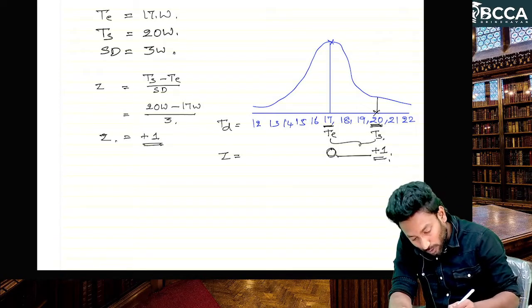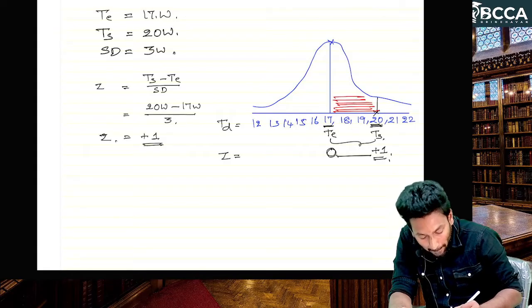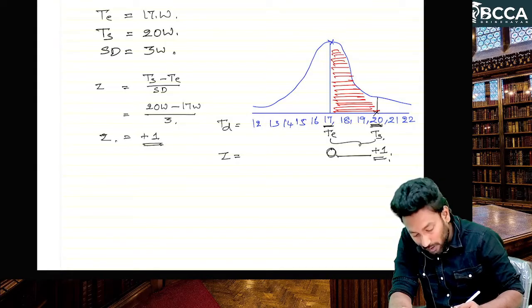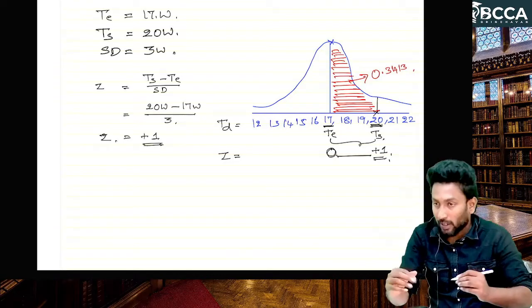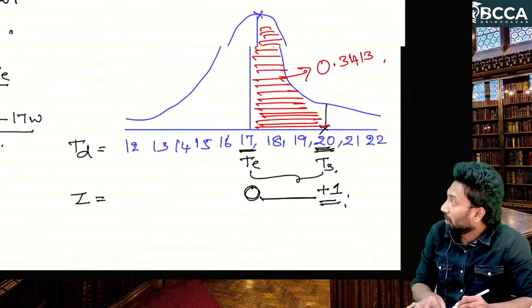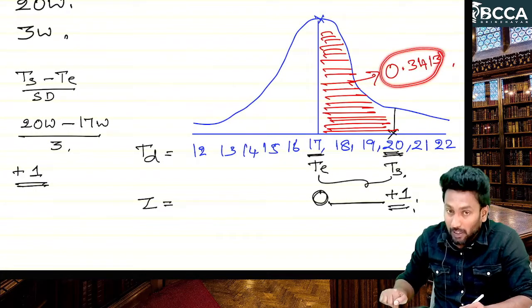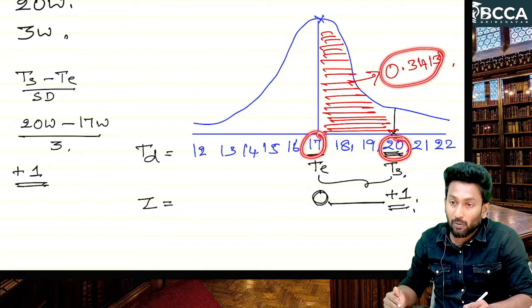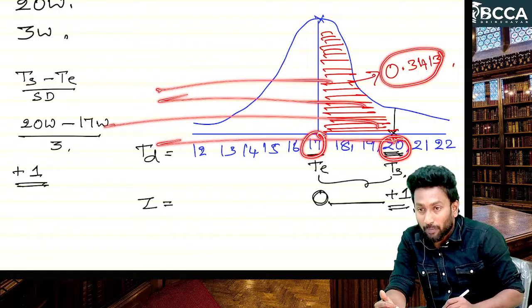Now here at this point, positive 1 means 0 to Z, so this is the area. How much area is this? 0.3413. So what does this 0.3413 represent? The probability that the project will be completed within 17 to 20 weeks. But what we require is within 20 weeks, not more than 20.